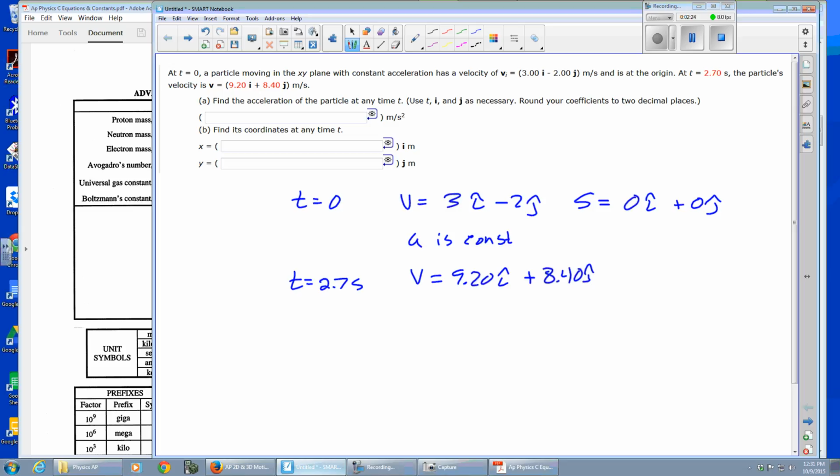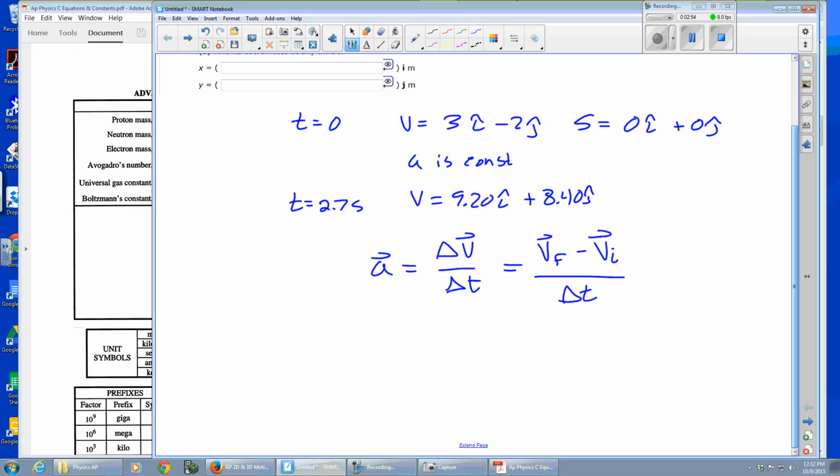So we know it's a constant acceleration, so we can use the definition of a, which is delta v over delta t. Since it's a constant, we can do the deltas rather than having to do the derivative. And so, of course, that is v final minus v initial over delta t. Sorry, I'm doing the wrong thing.